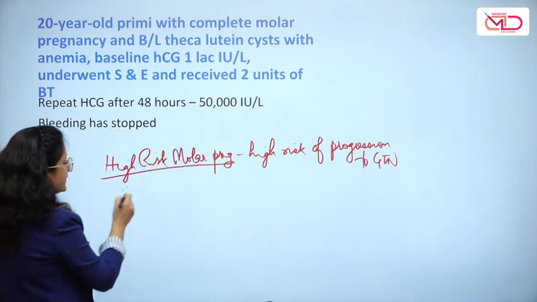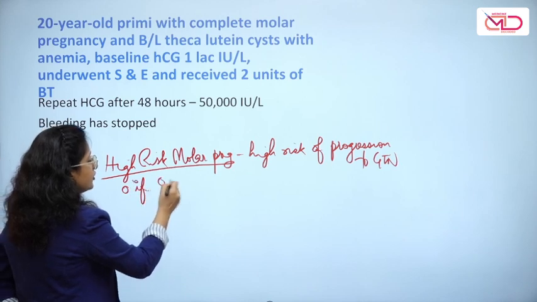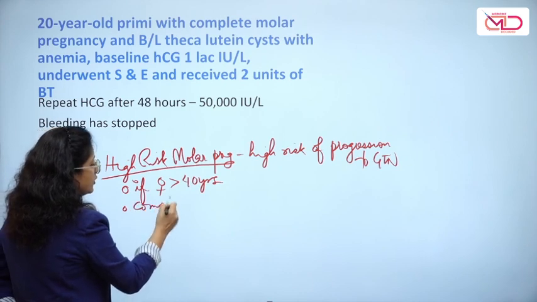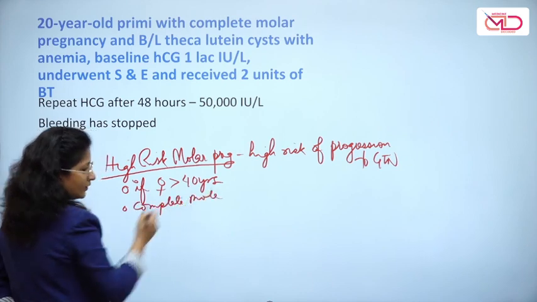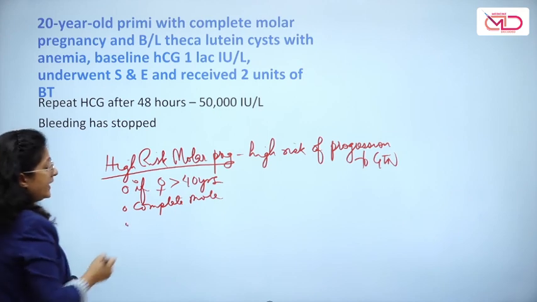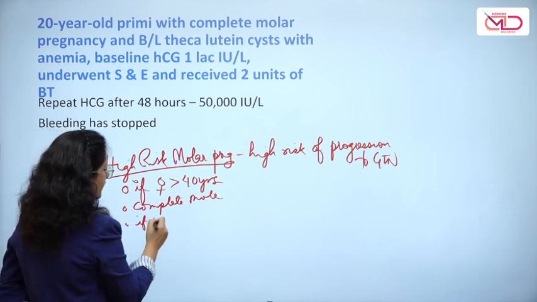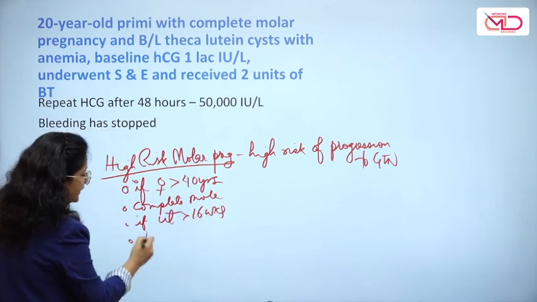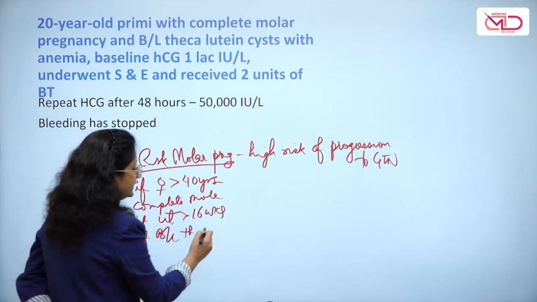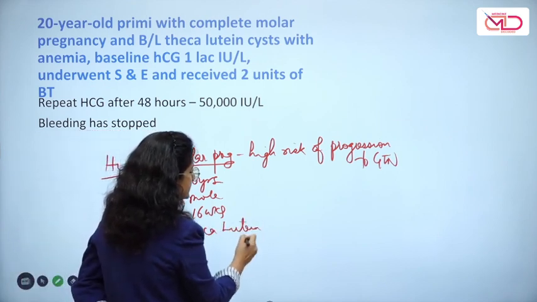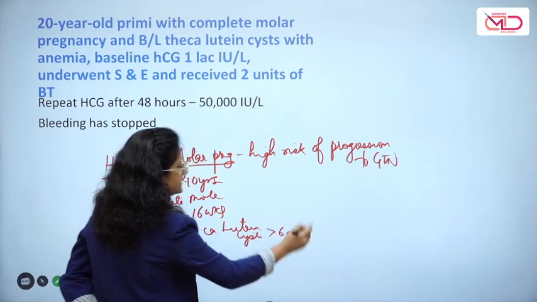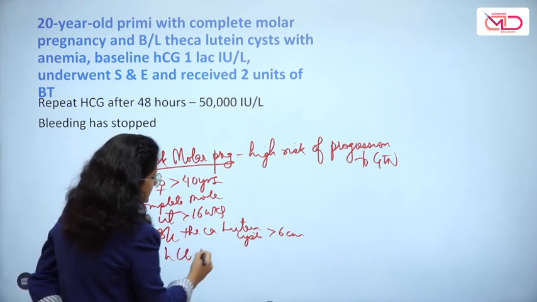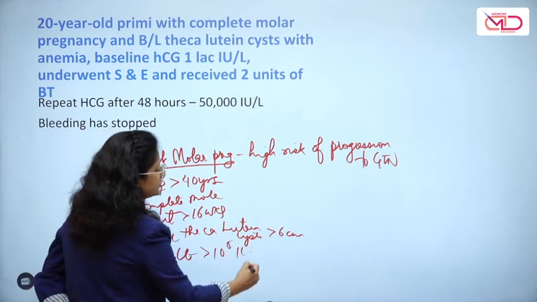High-risk molar pregnancies are those where the age of the woman is more than 40 years, it's a complete mole rather than a partial mole, the uterus size is more than 16 weeks, the bilateral theca lutein cysts are more than 6 centimeters, and the HCG levels are more than 10 to the power 5 international units per liter.